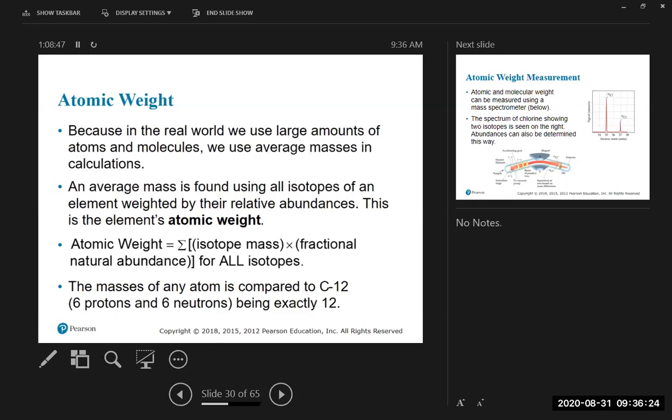We had 4 different numbers there. What's done, to get the atomic weight of carbon or any other atom, is you take into account what the relative abundance is of each of those isotopes, and then the mass associated with the isotope, and then sum that up to get the atomic weight.